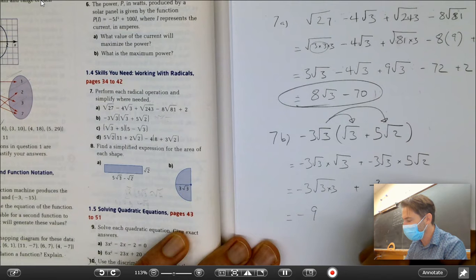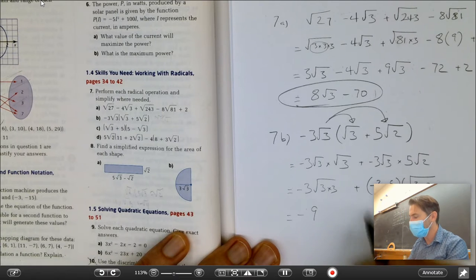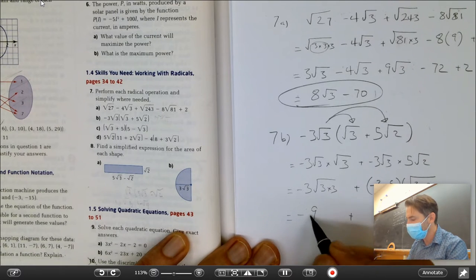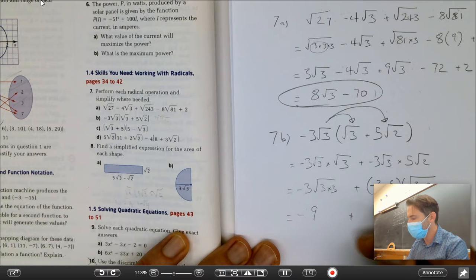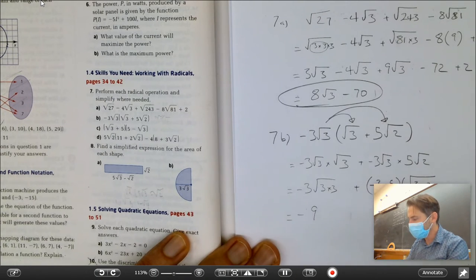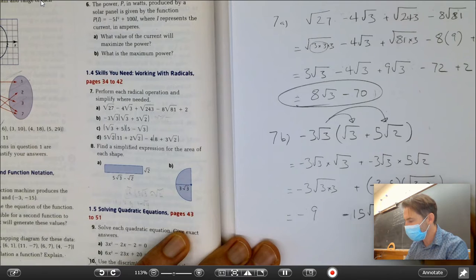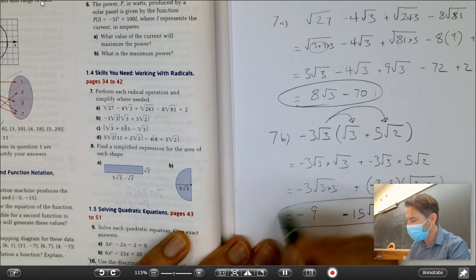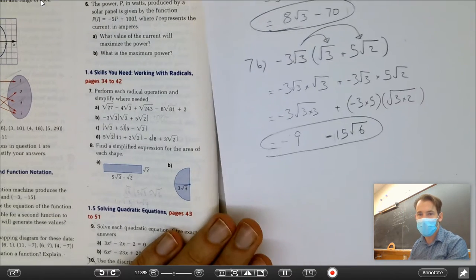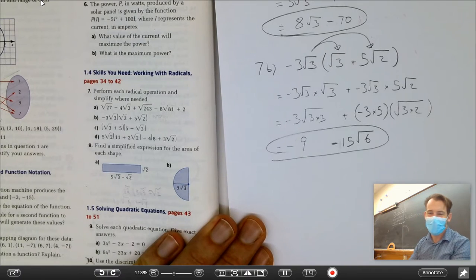So that's negative 3 times 5 multiplied by 3 times 2 inside the radical. So that's equal to negative 9 minus, because this is going to give me a negative, 15 root 6. And that's done, final answer.